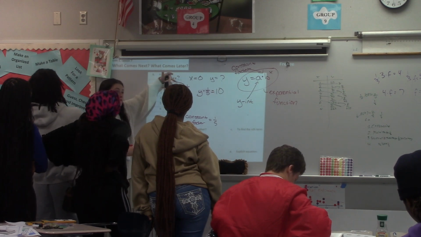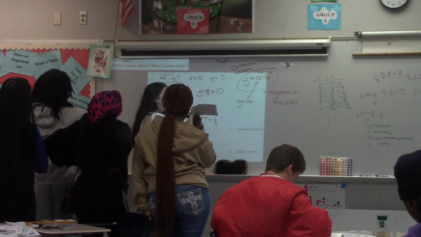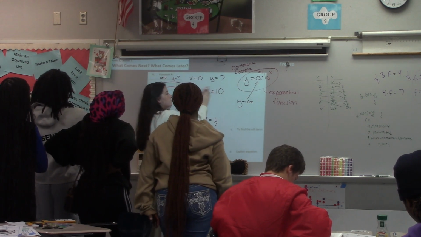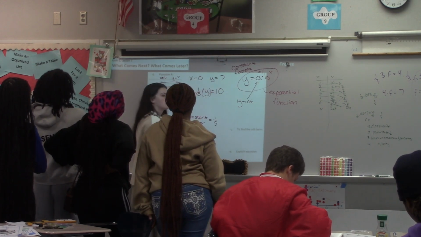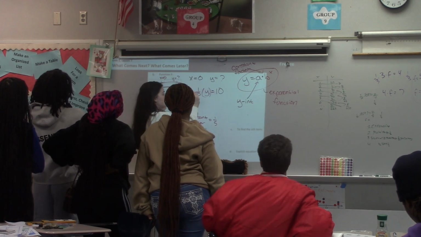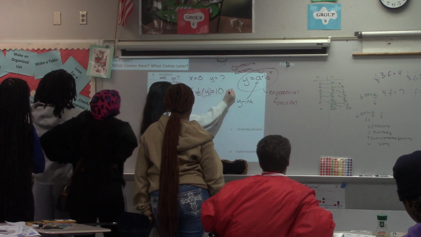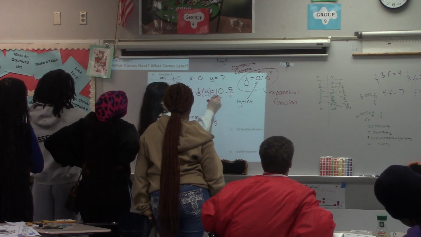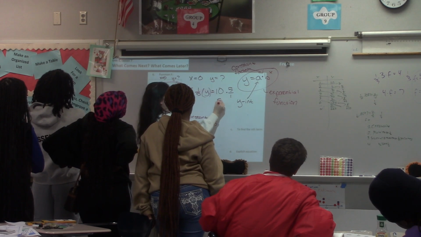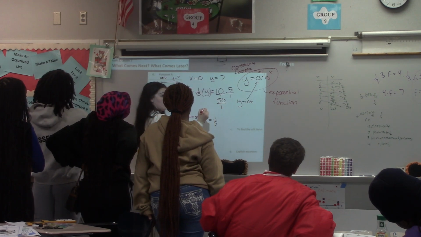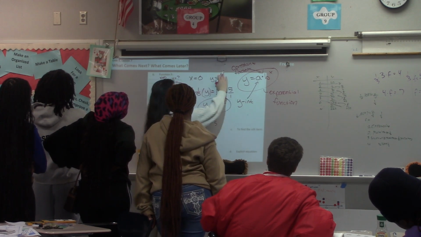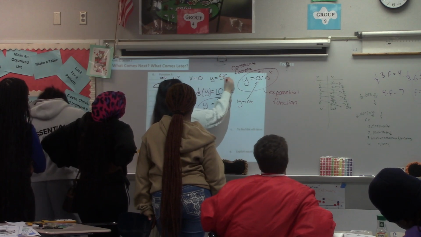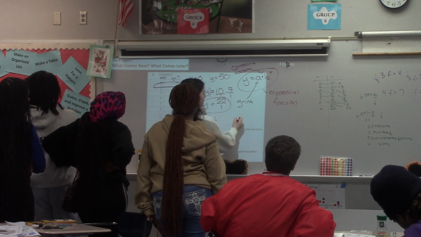How do I solve this? Multiply by the reciprocal. 10 times 5? So this is our y-intercept. 50. So what is my equation going to look like?